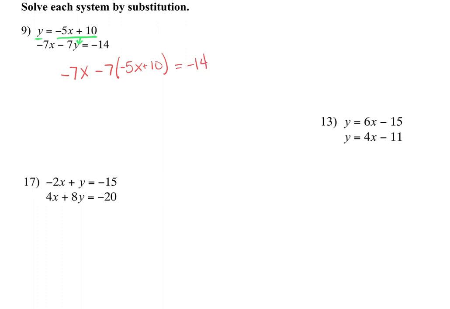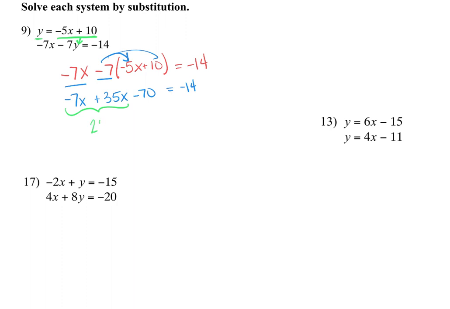Then I'm just going to solve. So -7x stays there. I'm distributing a -7. So -7 and -5x, -7 and +10, and that equals -14. Then I am going to combine my like terms. I get -7 and 35.